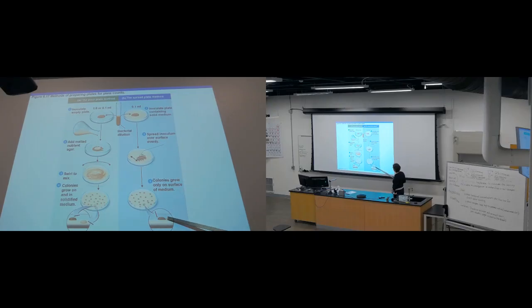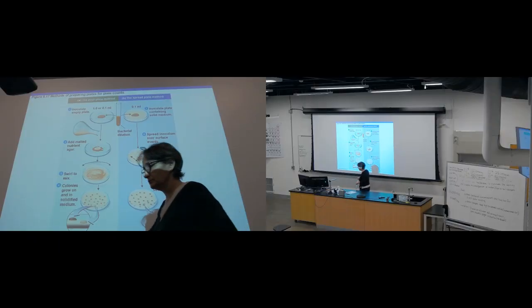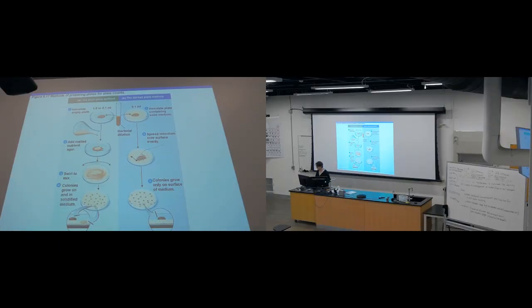And then your colonies will grow only on the surface, but not in the middle of the agar. And then you start counting. Similar period of incubation, 24 to 48 hours. Any questions? So we'll be doing a spread plate method.